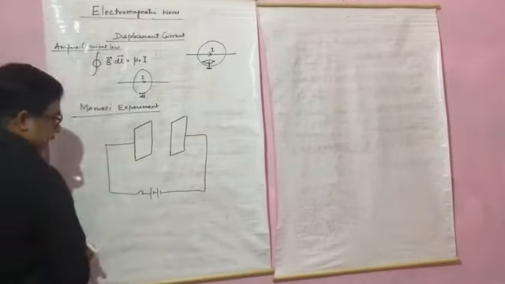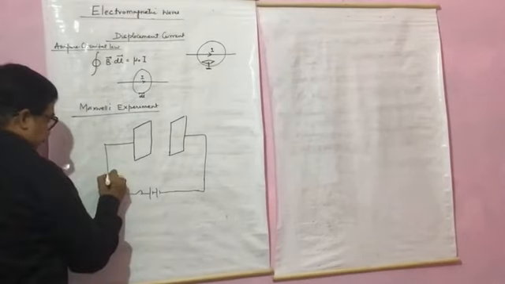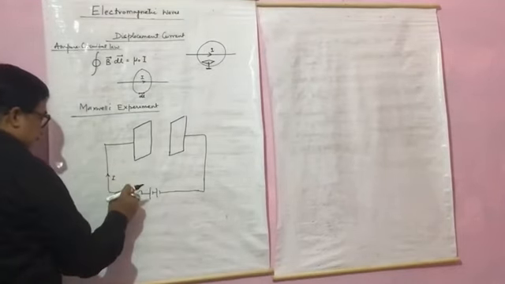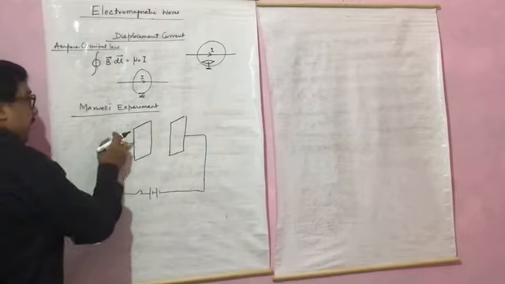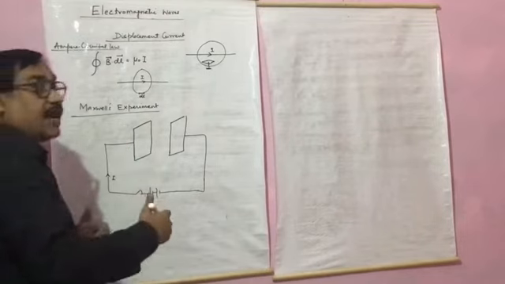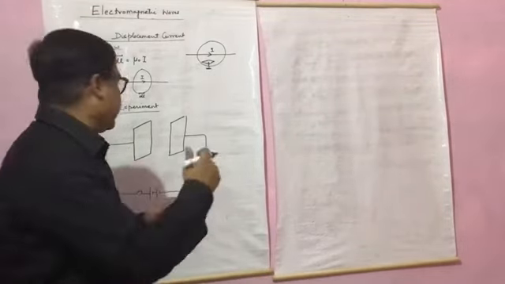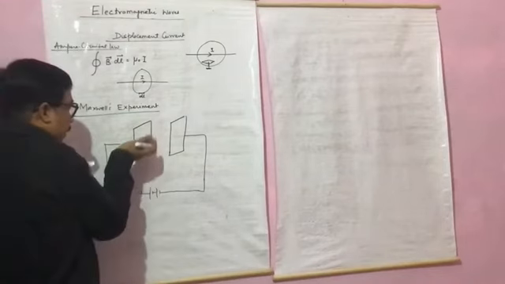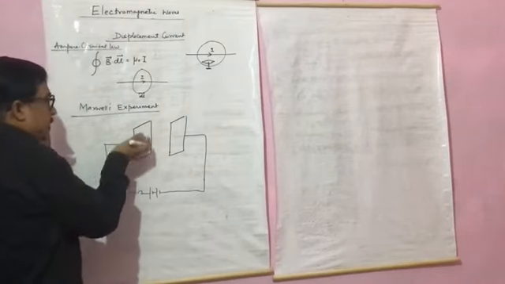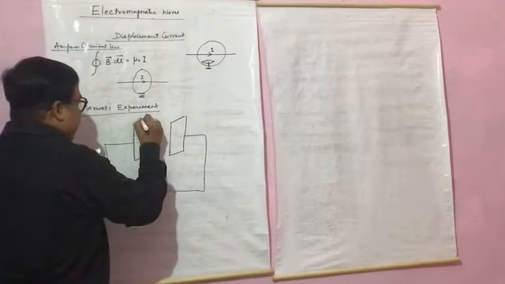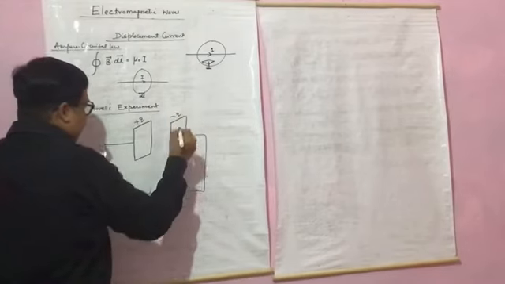When the key was made on, a current flows, and this flow of charge gradually charges the plates of the capacitor. So the charge gradually accumulates, and ultimately plus q charge is here and minus q charge is here.